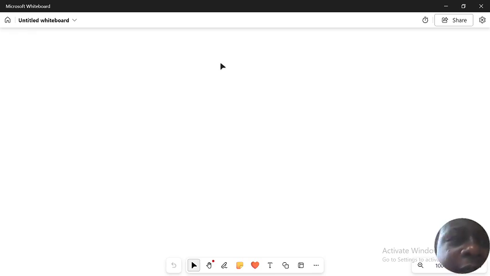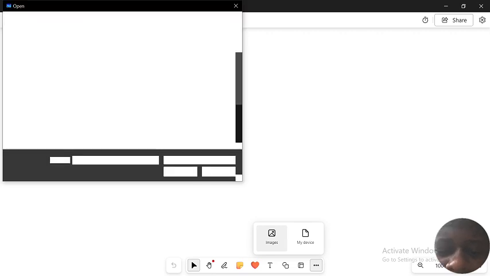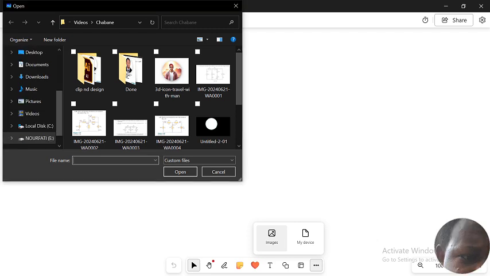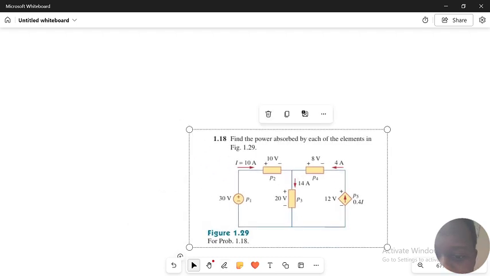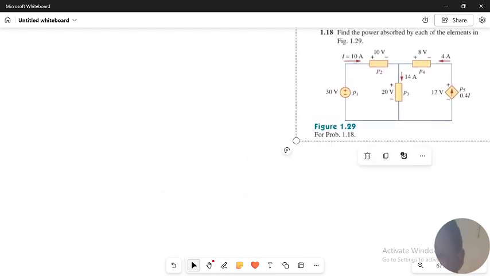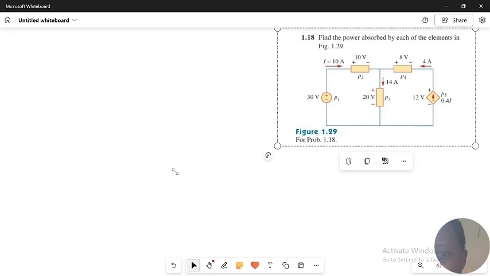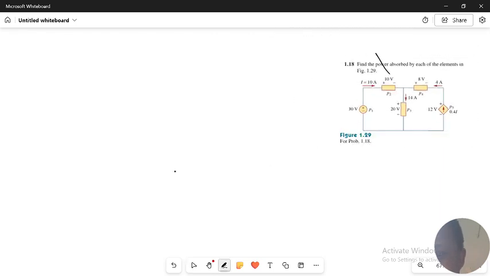We are going to see examples of determining the power using Tellegen's theorem. So we'll take some examples.